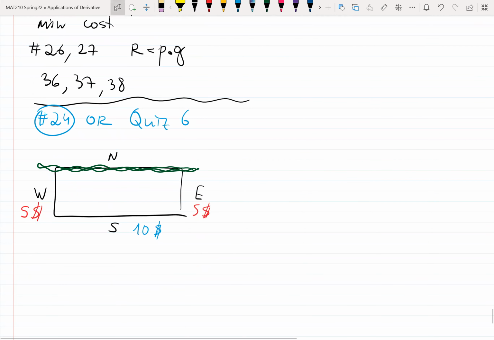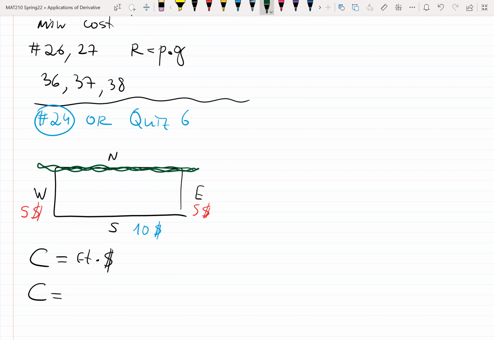How to build a cost function? Cost function will be feet times price, right? Because it's dollars per foot. It makes sense. So cost function was west. Let's do widths and lengths, but I like doing X and Y because width W is already taken, but you could do small w.